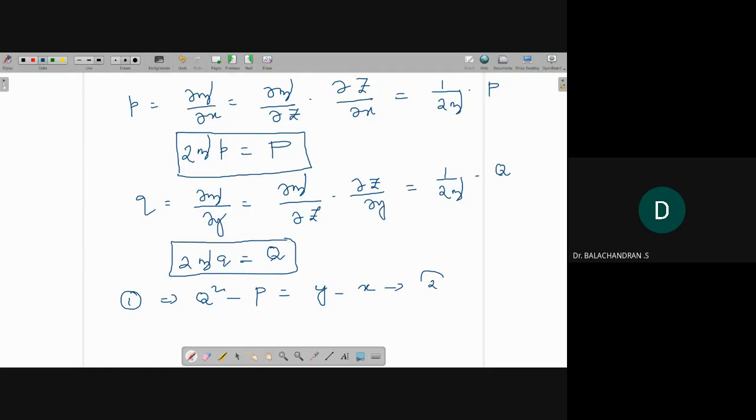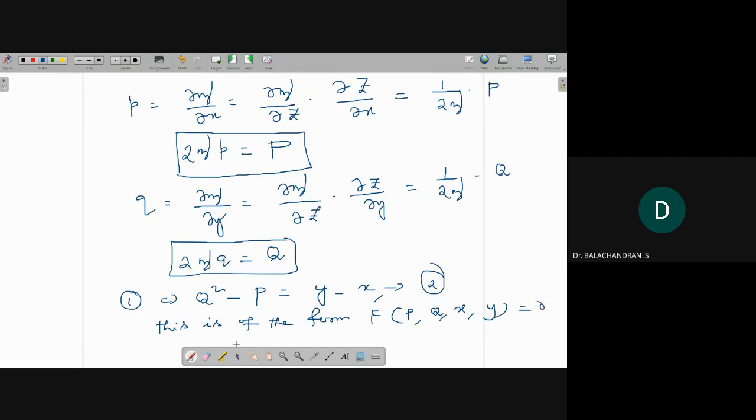This is of the form function of capital P, comma capital Q, comma small x, comma small y equal to 0.